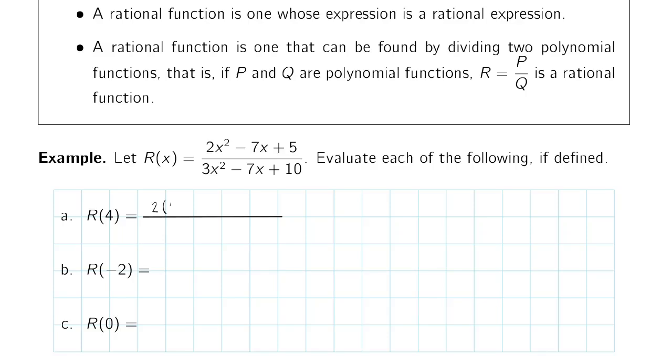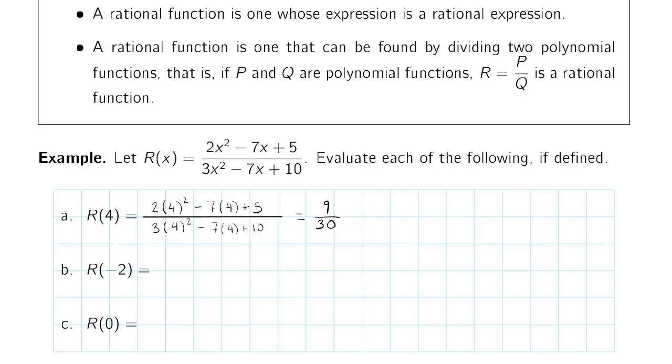So I have (2 times 4 squared minus 7 times 4 plus 5) over (3 times 4 squared minus 7 times 4 plus 10). And going through and plugging that in, my numerator I get 9, and in my denominator I get 30.